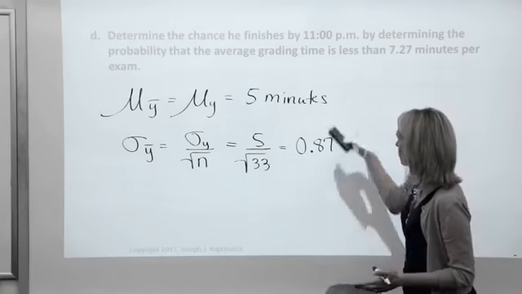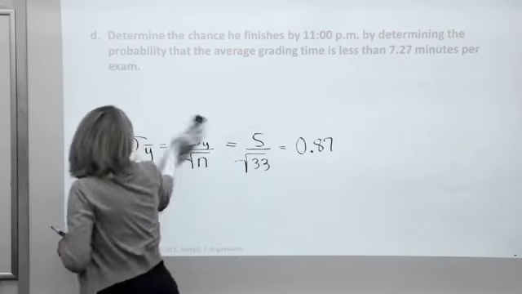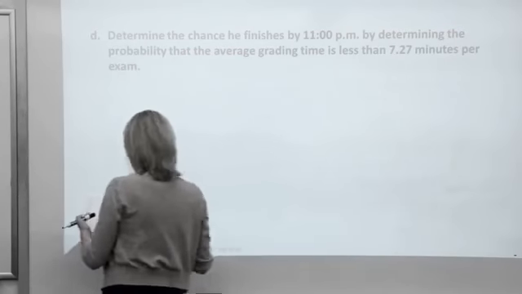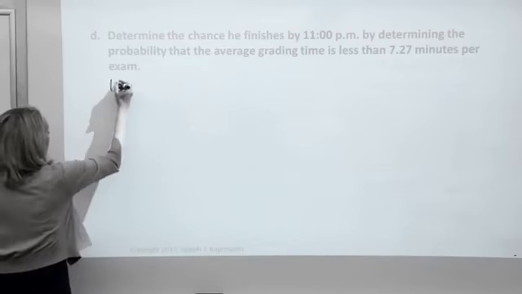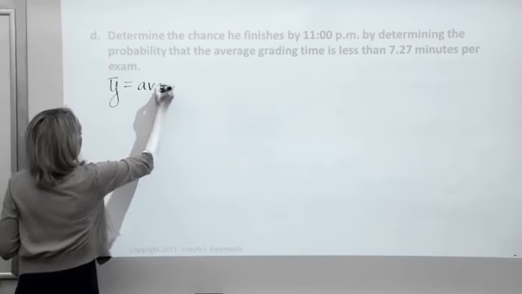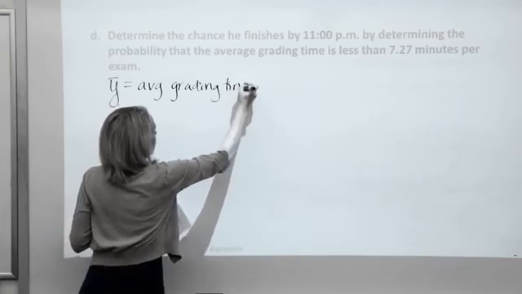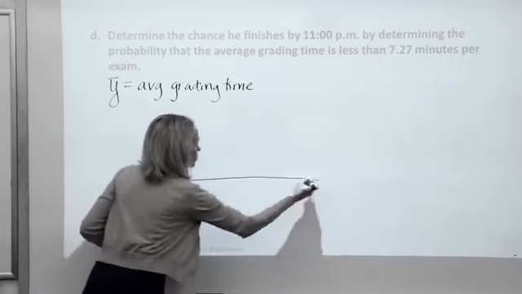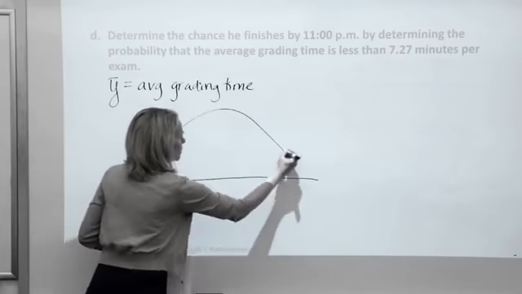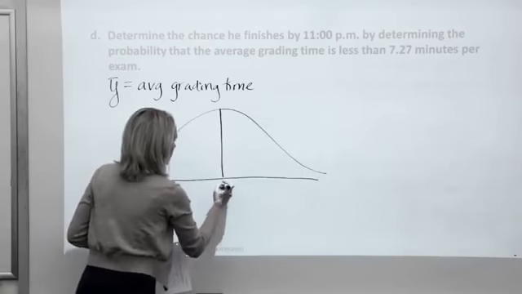So let's draw a picture, and we'll use these. So we just said that we're looking at the average grading time for 33 exams. It follows a normal model centered at 5 minutes.